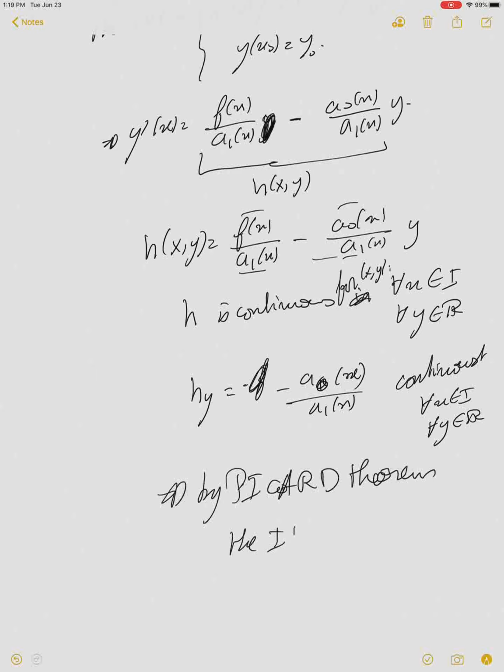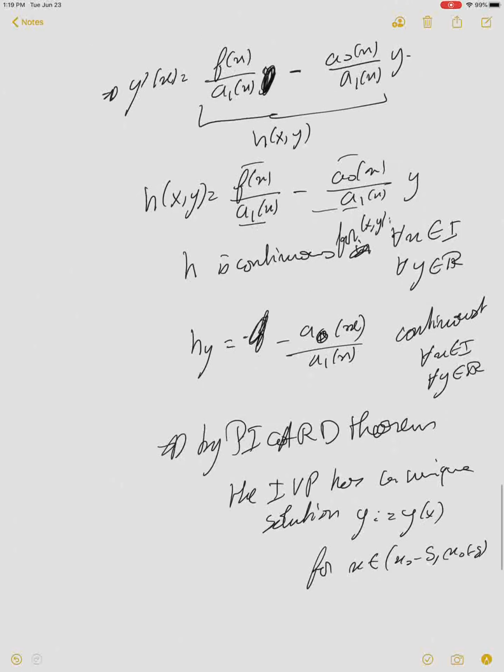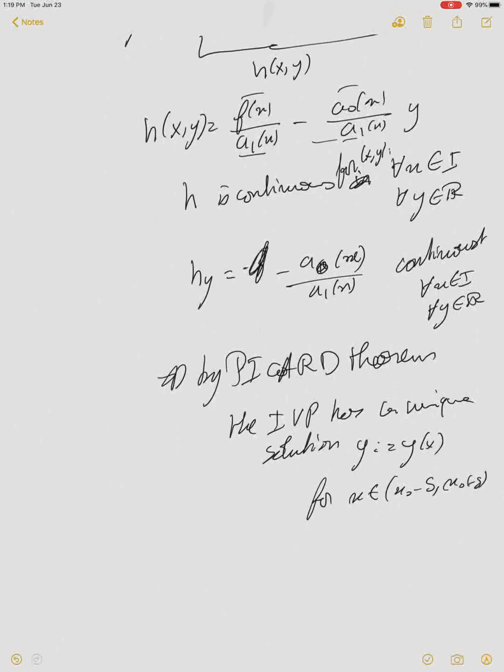the IVP has a unique solution y(x) for x in some interval (x0 - delta, x0 + delta). Just gives me a neighborhood.